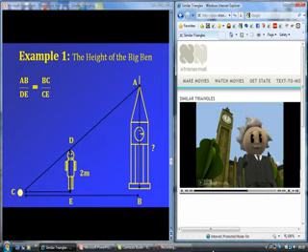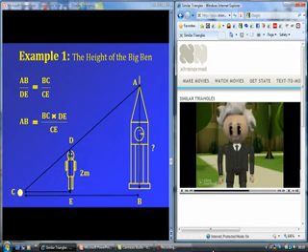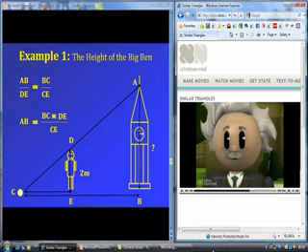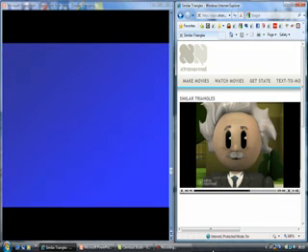Finally, through simple cross multiplication, we can easily calculate AB. Isn't that amazing?